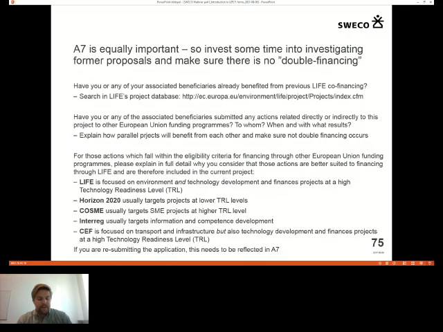Usually you could motivate that CEF is entirely focused on the core networks of the European Union and urban nodes. If you're located outside the core network or an urban node, it will not be possible to get CEF funding. And there are also a lot of other conditions in CEF that might be hard to fulfill.